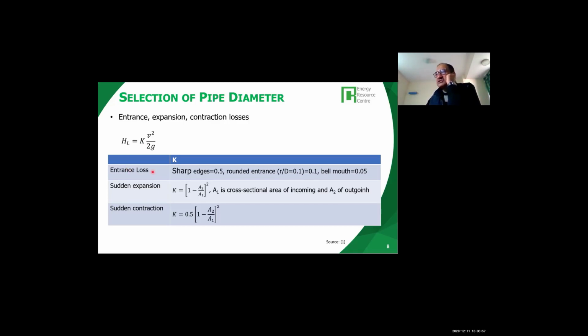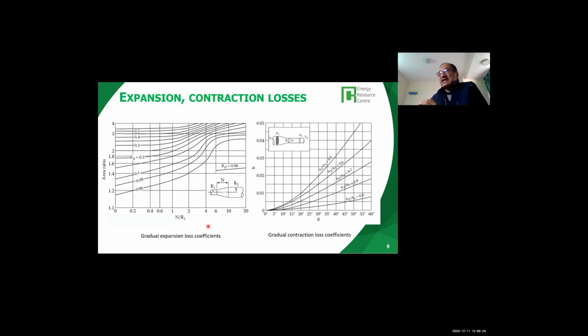For entrance loss, the coefficient K for sharp edges is 0.5, round entrance is 0.1, and bell mouth is 0.05. For sudden expansion, this is the formula, where A1 is the incoming and A2 is the outgoing area. Sudden contraction is half of this. So this is the value of K.